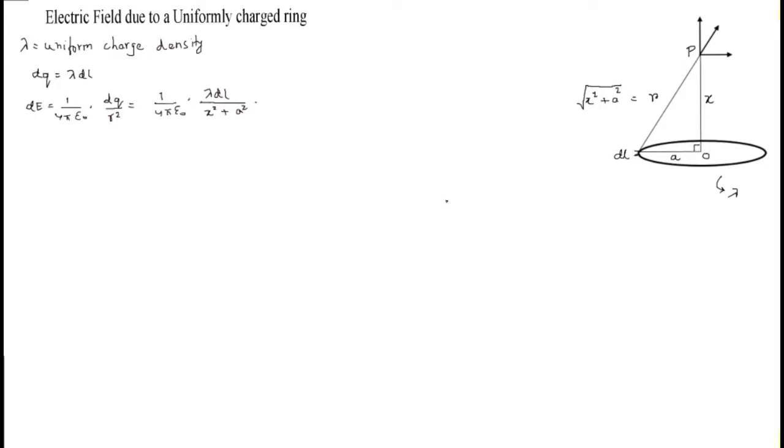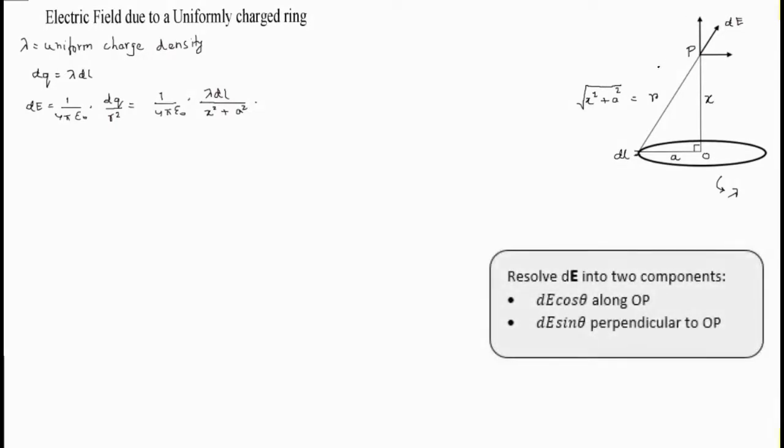Now the direction is along this direction. So for this small charge dq due to length dl, the electric field is dE in this direction. Now we will break this electric field into two components.